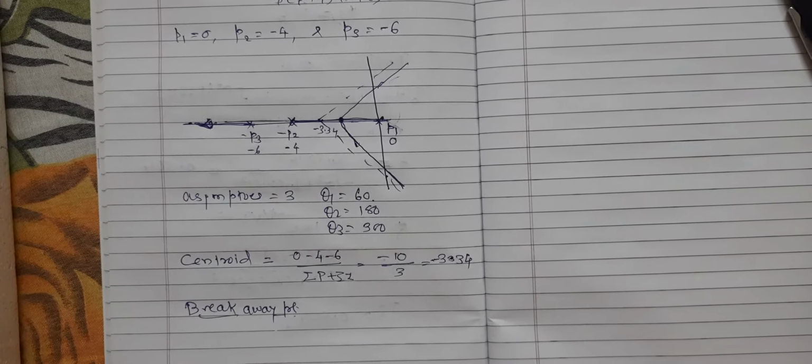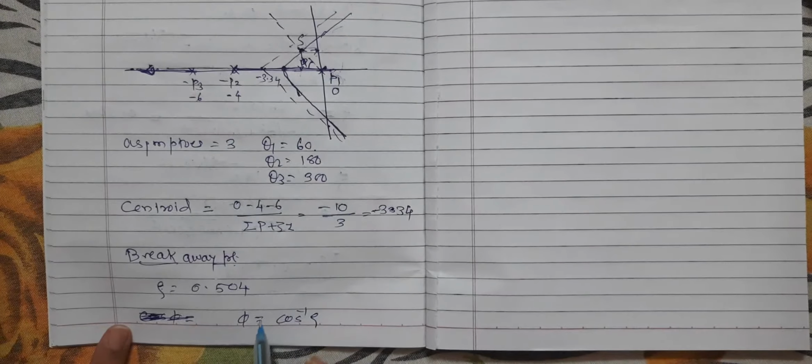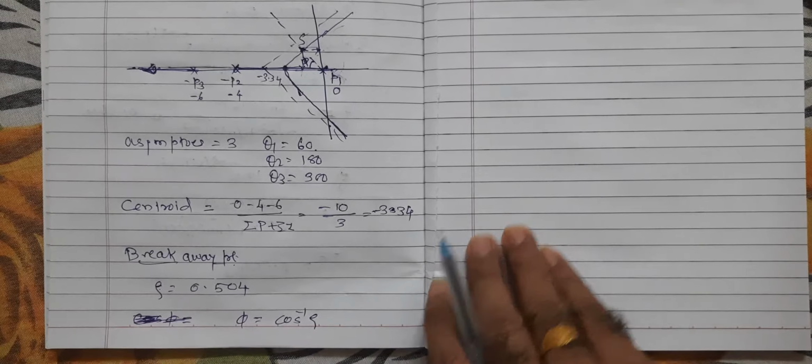Cos phi equals zeta, so phi equals cos inverse zeta. With zeta equals 0.504, we will find out the phi, that is the phase angle phi, which equals cos inverse zeta.